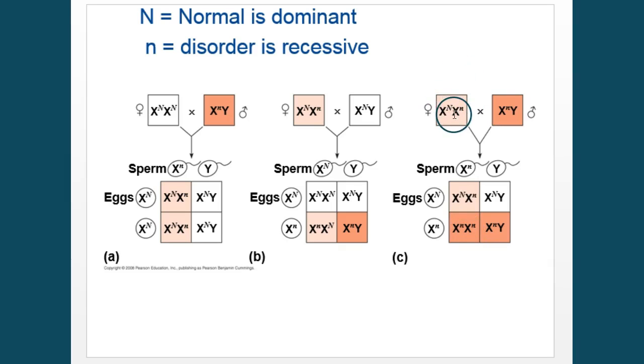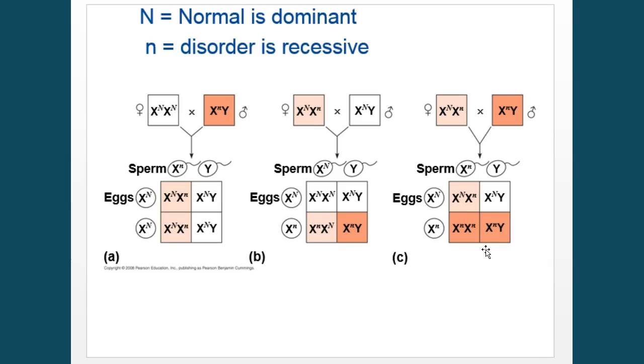One daughter would get mom's affected X, dad's affected X, and exhibit this sex-linked disorder. And then one son would have a chance of getting the affected X from mom and dad's Y, so they would also be affected by this disorder. Alright? Does that make sense? This goes into a lot of when we talk about pedigrees.